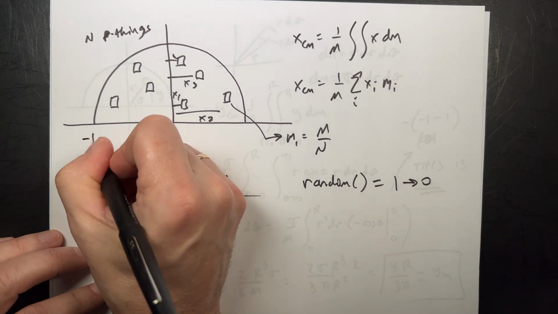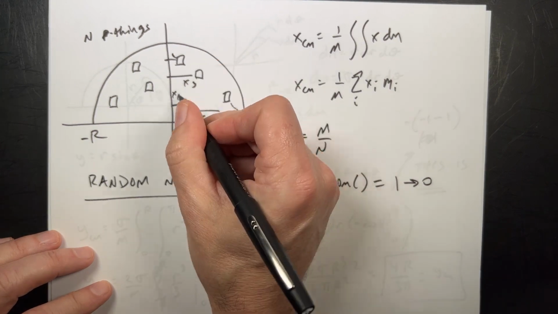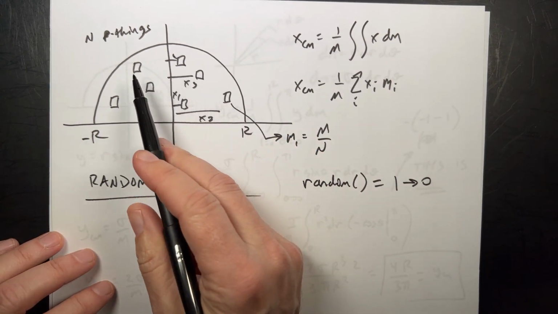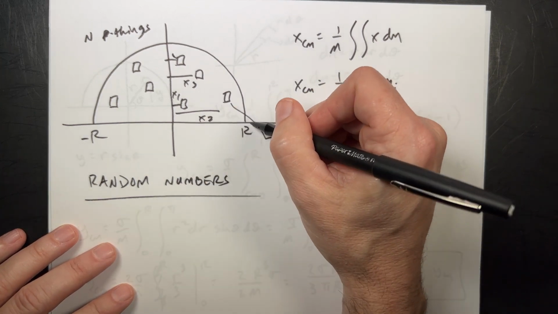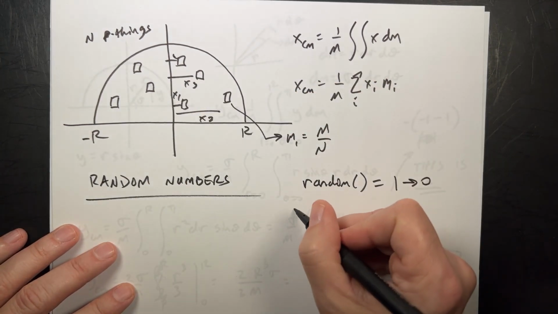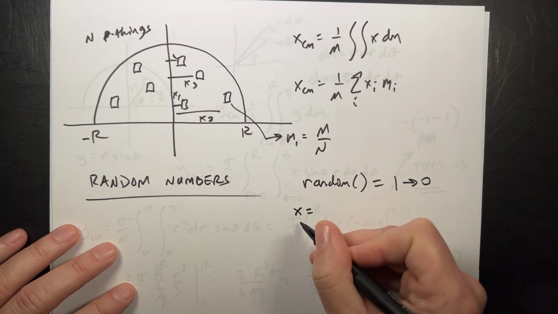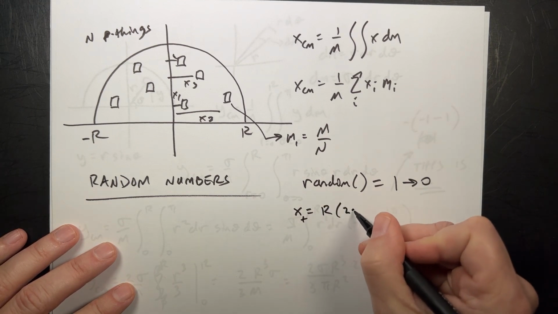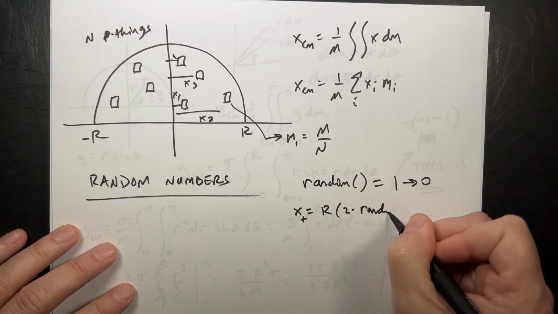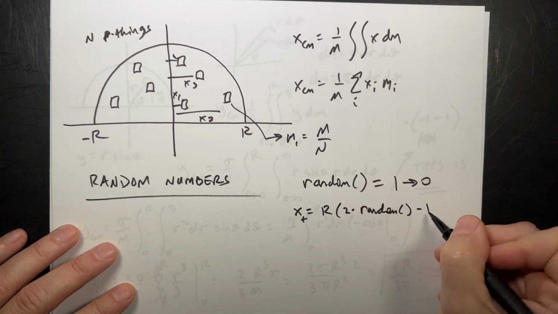If I want to go from negative r to r, I actually want to generate x and y values for all these. So I want my x values to be from negative r to r. So x is equal to r times 2 times random minus 1.